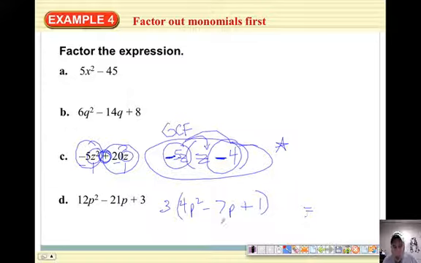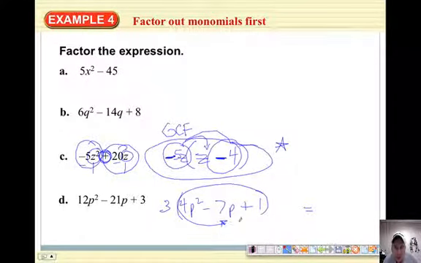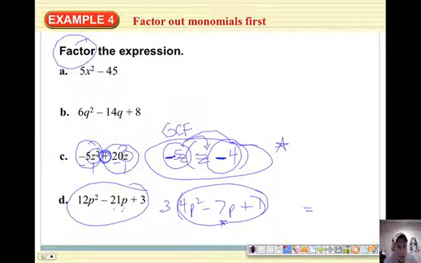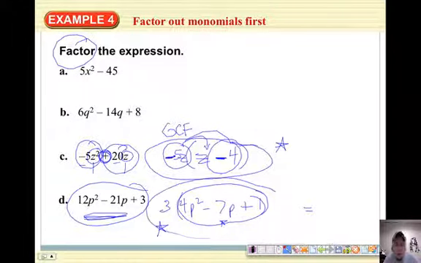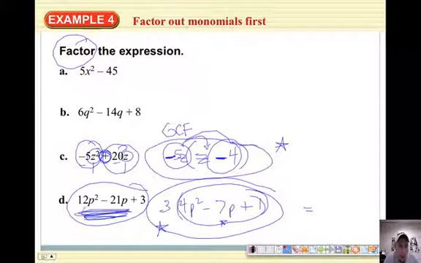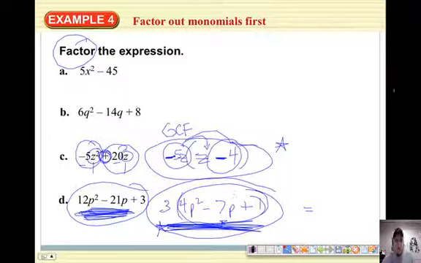No. That just means this guy right here isn't factorable. The real question is, is this factorable? Yes, it is. It factors into one factor, two factors. This is your final answer. A lot of people miss this because this doesn't factor, and they say, oh, this isn't factorable. No, yeah, this isn't factorable, but this is, which factors into this. So this is your whole answer right there. So that's how you factor out a monomial.